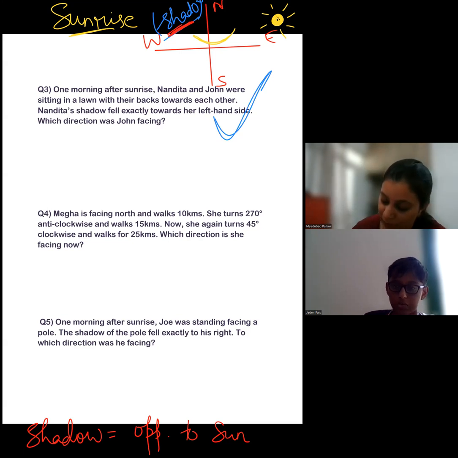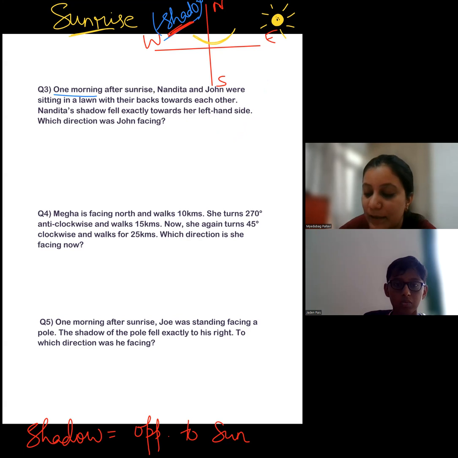Now when we come to the question, first thing that is given is that it is the morning time. That means it will be like this. The position of sun and shadow will be like this because it is the morning time. We know that whatever shadow will be formed, it will be forming in the west direction. Okay, this much clear?